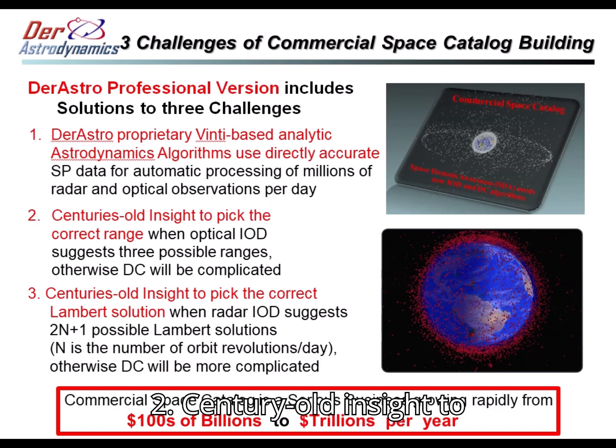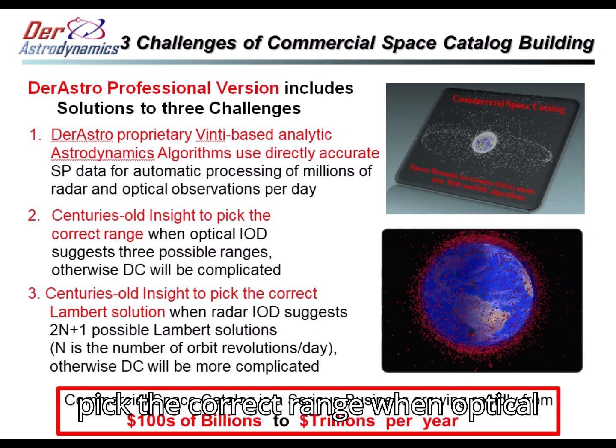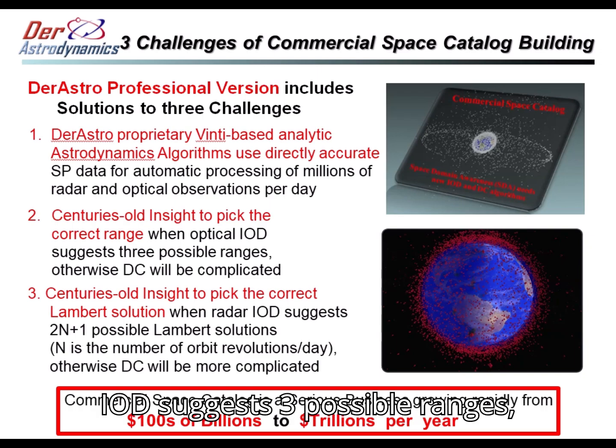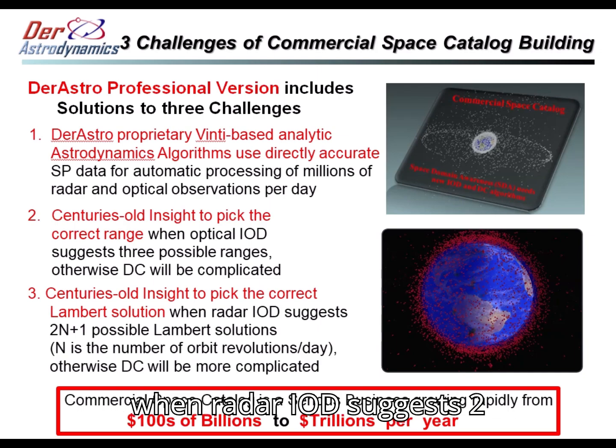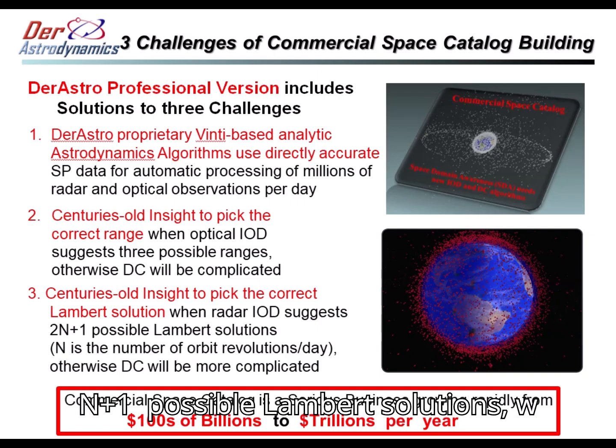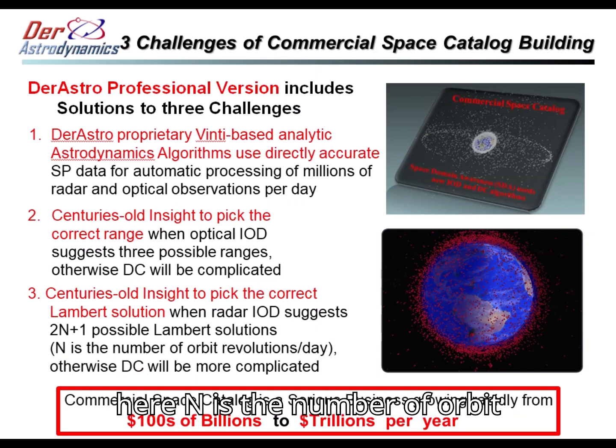2. Century-old insight to pick the correct range when optical IOD suggests 3 possible ranges, otherwise DC will be complicated. 3. Centuries-old insight to pick the correct Lambert solution when radar IOD suggests 2n plus 1 possible Lambert solutions, where n is the number of orbit revolutions.